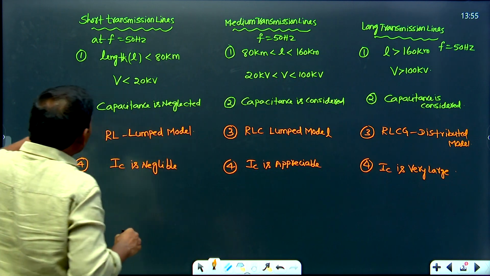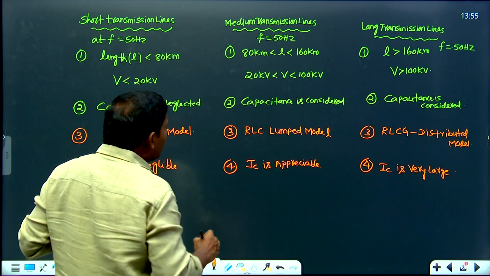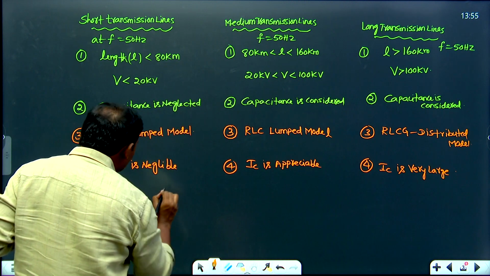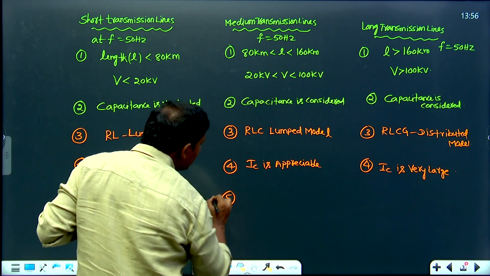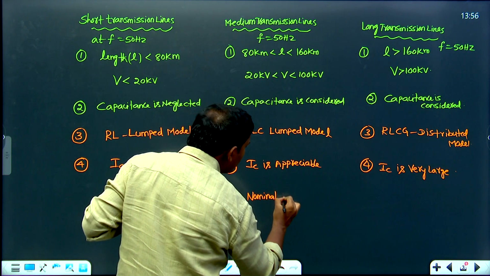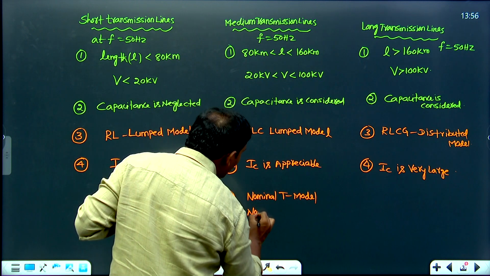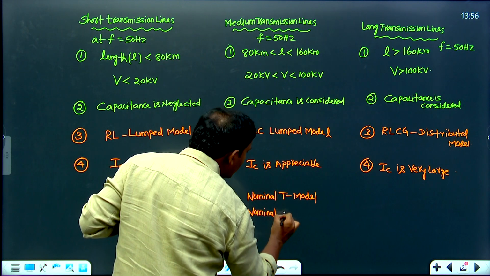But one more point to remember, students: here we are using the RL lumped model. But in the case of medium transmission lines, we are using the nominal T model, very important, and the nominal pi model, students.